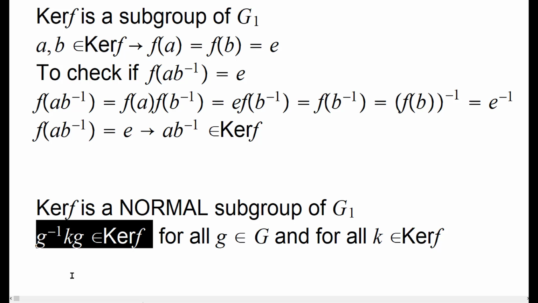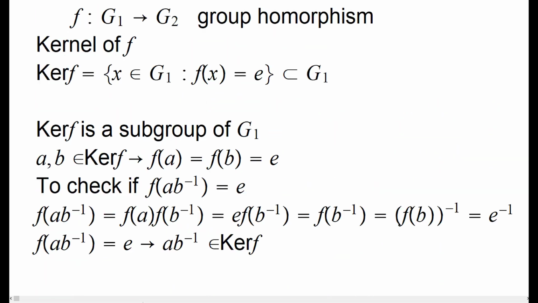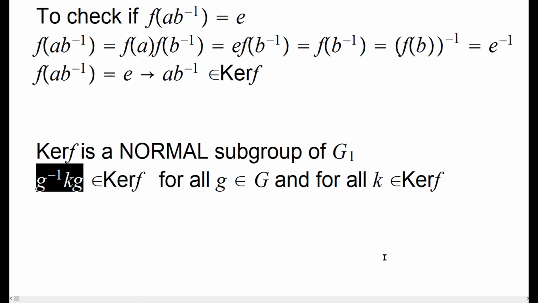Now, when will this be satisfied? If the image of this element under F is going to be the identity, of course, in G2, right? So let's just apply F on this.